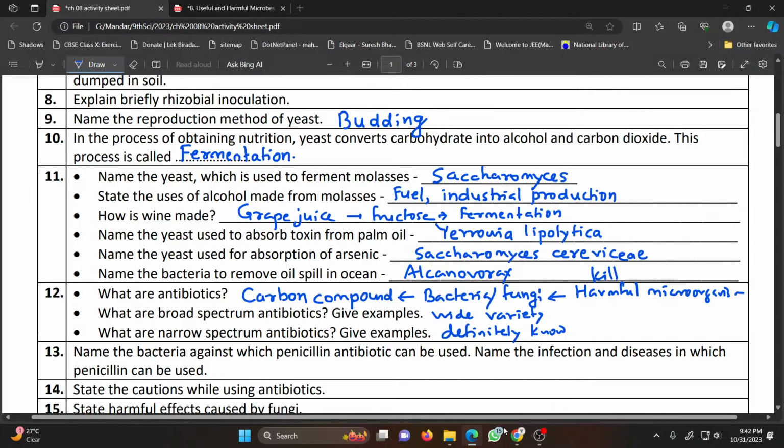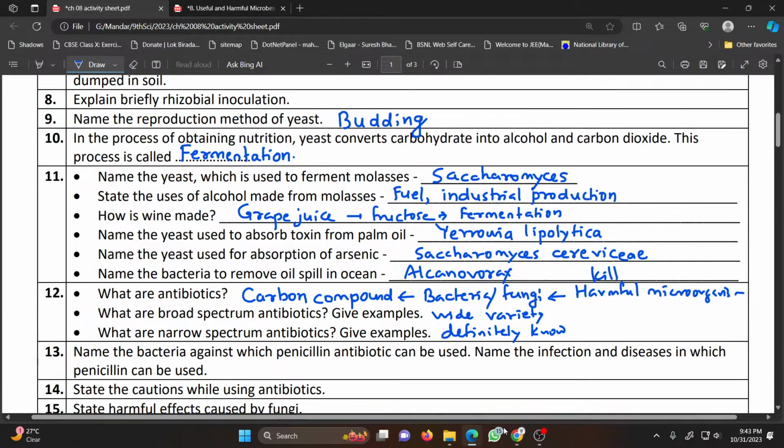Examples of broad spectrum antibiotics are ampicillin, amoxicillin, tetracycline, whereas narrow spectrum antibiotic examples are penicillin, gentamicin, erythromycin, etc.